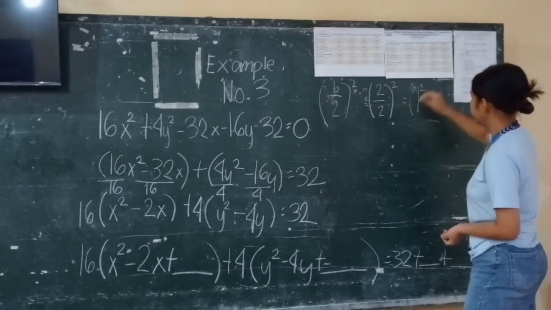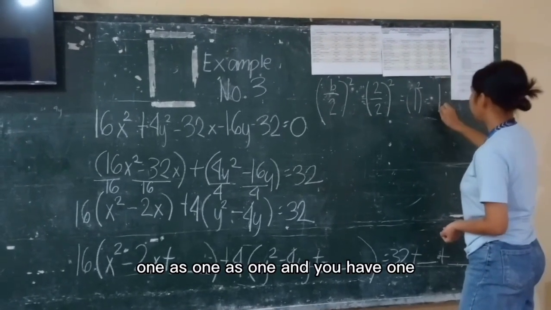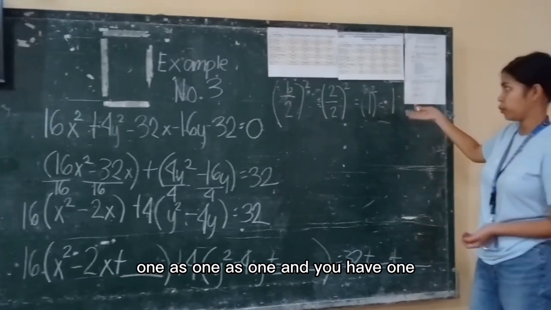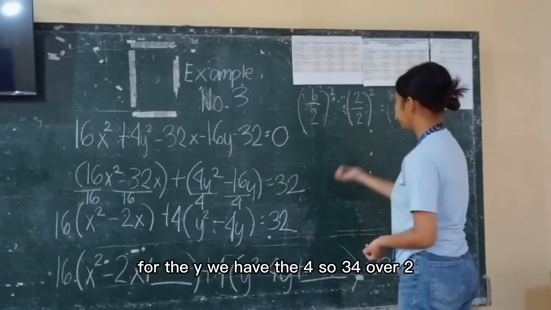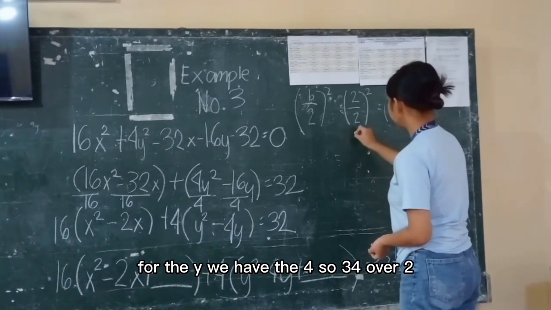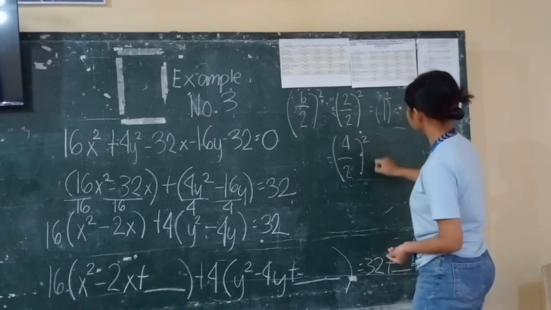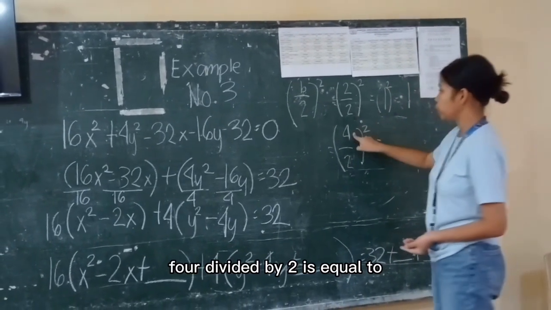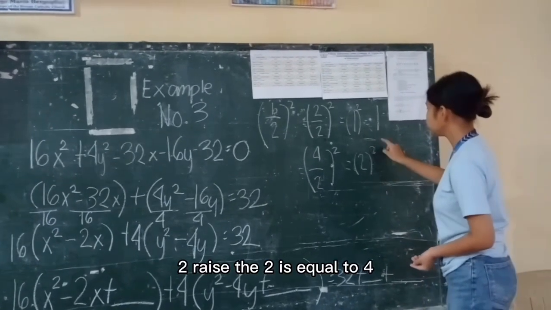Then 1 raised to 2 is equal to 1. For the y, we have the 4. So, 4 over 2. 4 divided by 2 is equal to 2, raised to 2 is equal to 4.